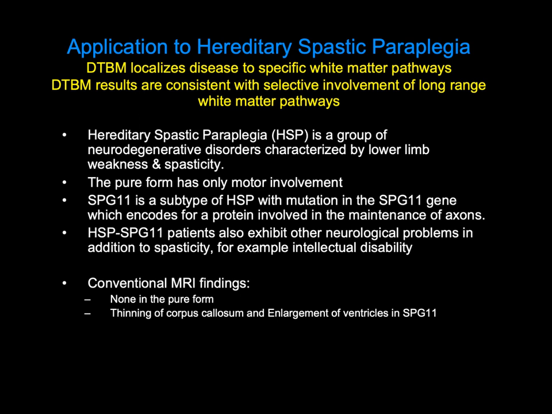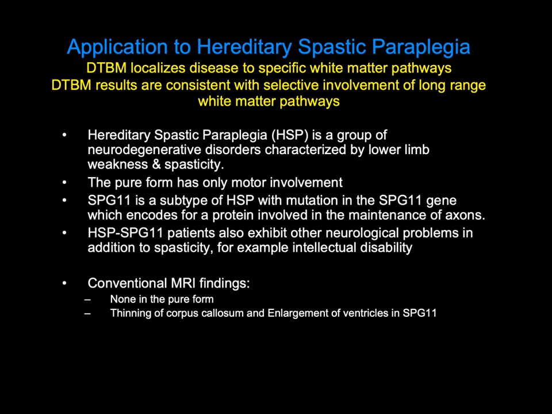So one point that I would like to demonstrate with this particular application is that diffusion tensor-based morphometry localizes disease to specific white matter pathways, and that the DTBM results are consistent with selective involvement of long-range white matter pathways.